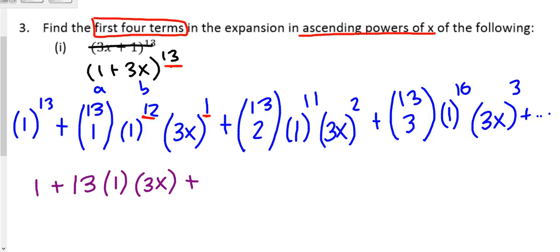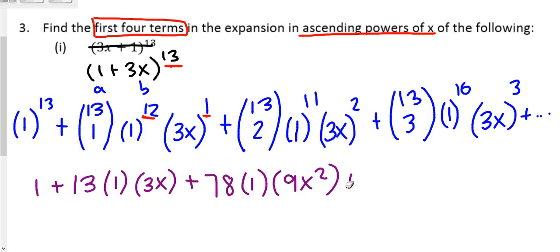So when you put that in your calculator, you will get 78. 1 to the 11th is 1. 3x squared. Both of those things need to be squared, so we get 9x squared.